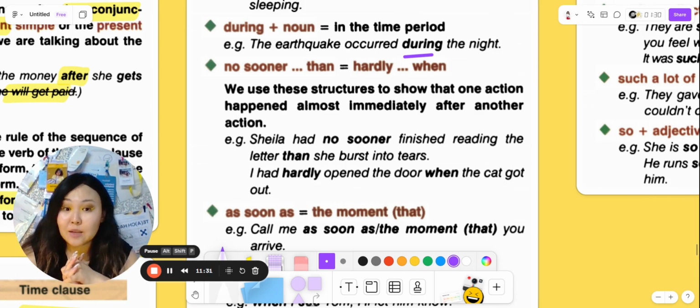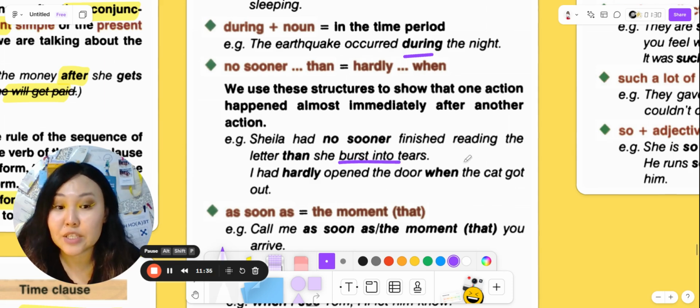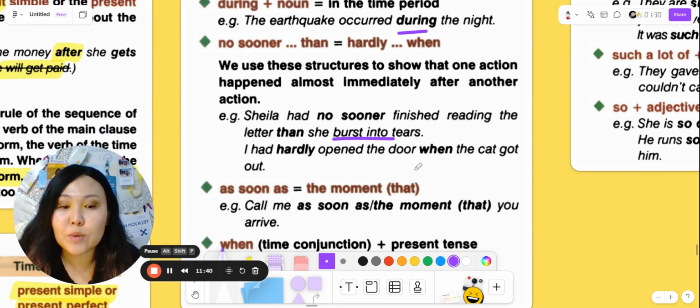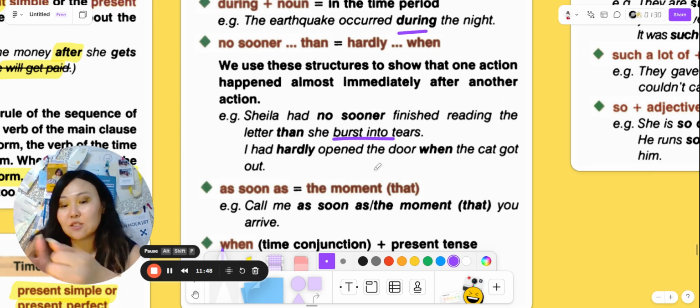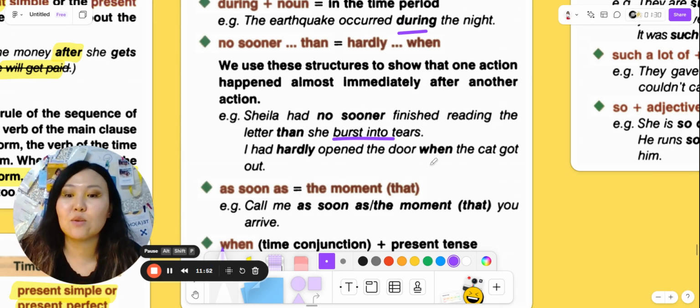She started crying. Very good expression, yeah, burst into tears. Next one. I had hardly opened the door when the cat got out. I just opened the door, and at this right moment, the cat ran away.